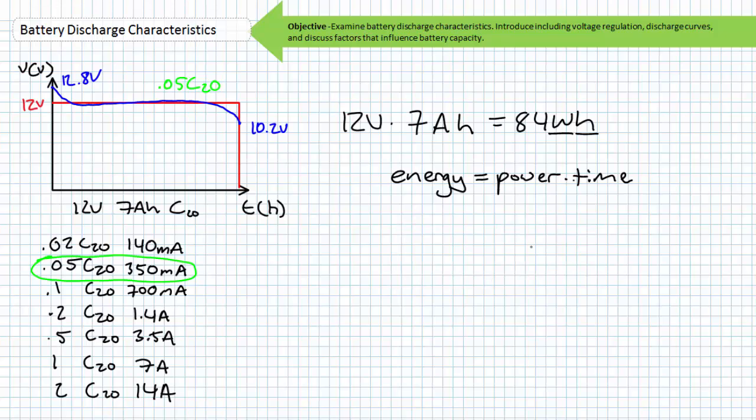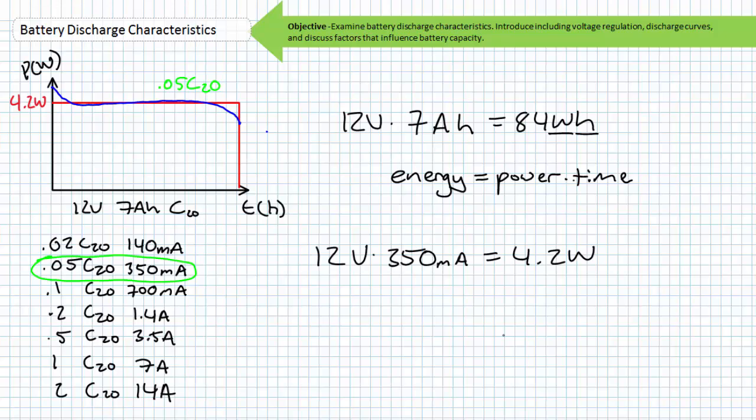Given energy is power times time, a true, more accurate representation of energy delivered over the course of a 20-hour period is in actuality the area under the power curve, or for those well-versed in calculus, the integral of the power curve. Given this is a constant current test, one would expect the power curve to exactly match the voltage curve.